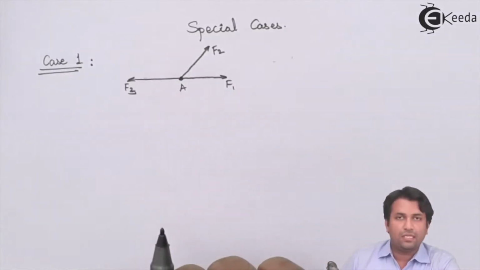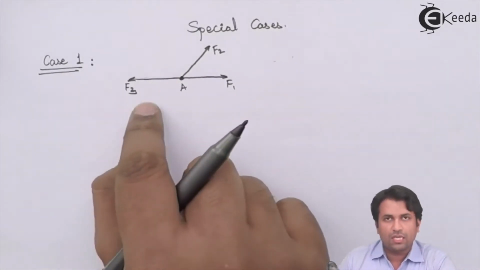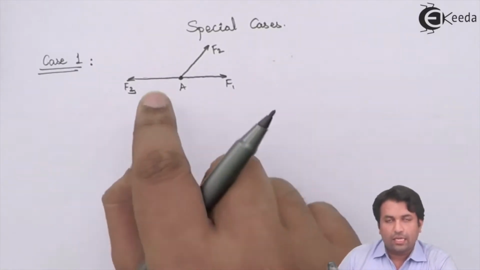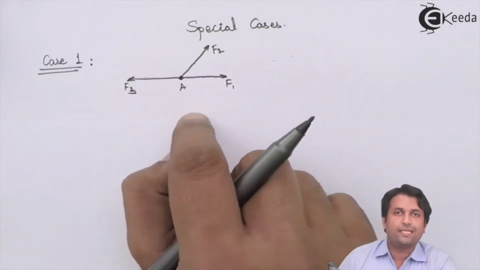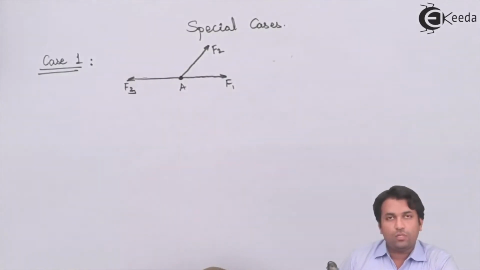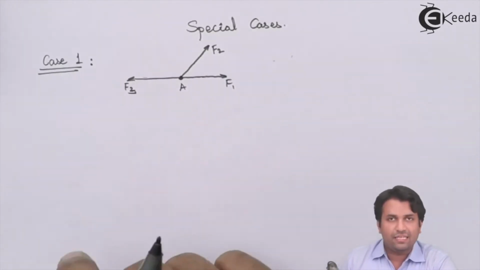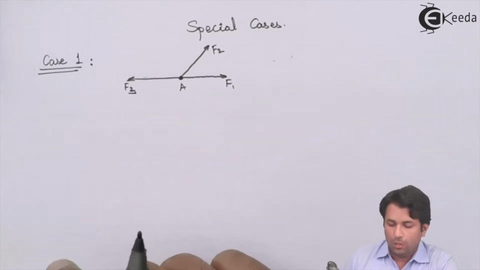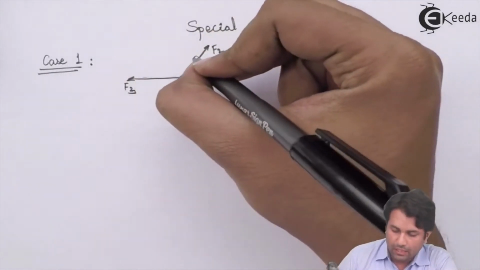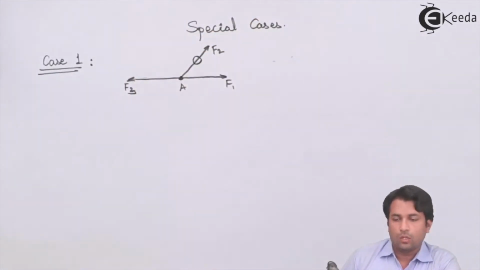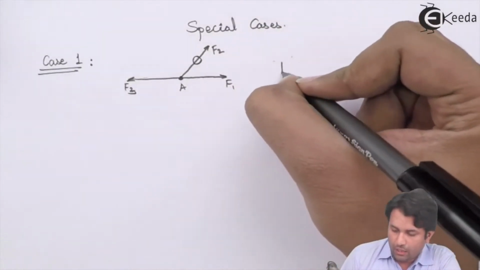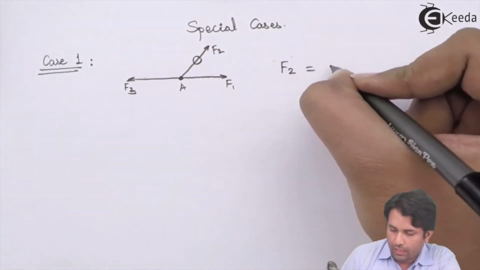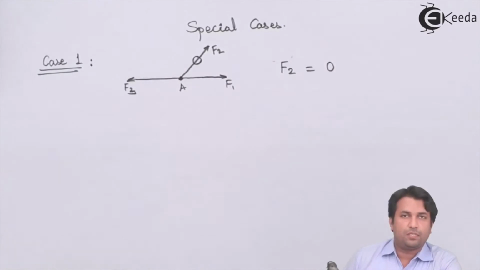Now, if I'm having two forces in linear direction, that is, the angle between those two forces is 180 degrees, the force in the third member, in this case force F2, becomes a zero force member. So in case 1, F2 is a zero force member.